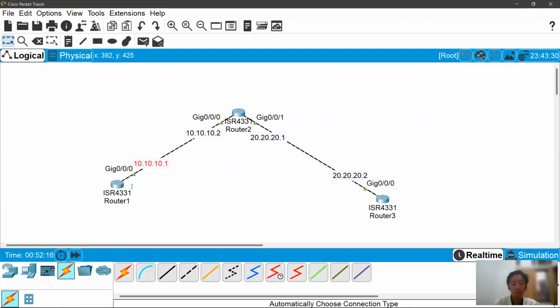But if we use routing dynamic, we don't do it like this. We only introduce our own network.